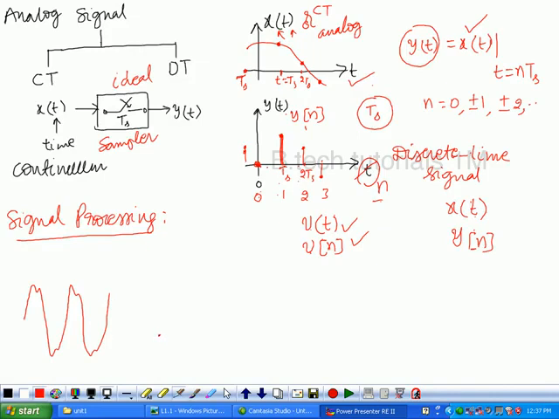So if you want to filter out these high frequency variations, see the noise. Here we have the fast variations. Actually, the signal is varying very slowly. But here we have some fast variations. Those are the high frequency components. If you want to eliminate those components, what do we do? Simply take a low pass filter like this.